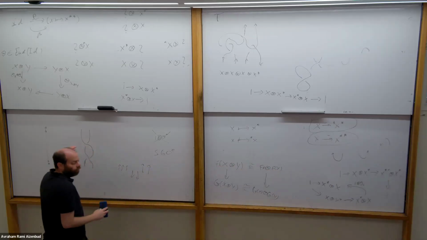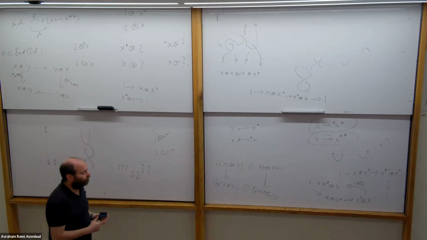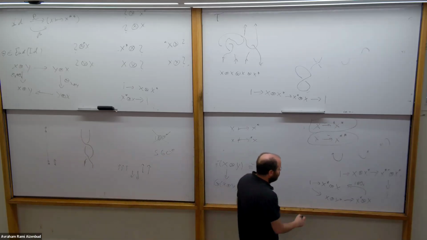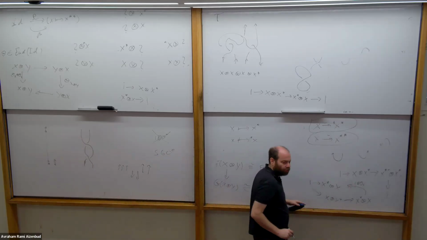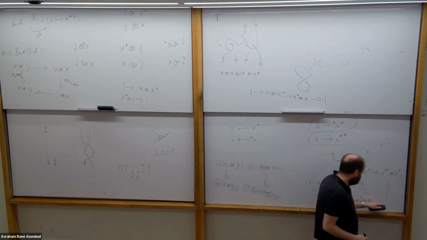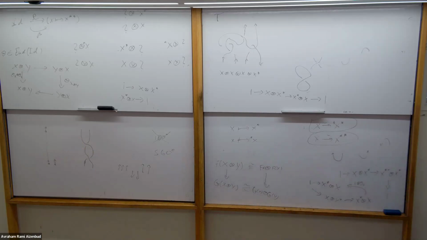Can I just ask something? Yes. So we just want this map from 1 to x star times x to be monoidal. To be monoidal doesn't really make sense because it's not a monoidal functor, but we kind of want it to come from a monoidal construction.